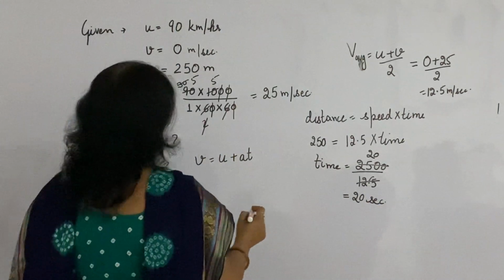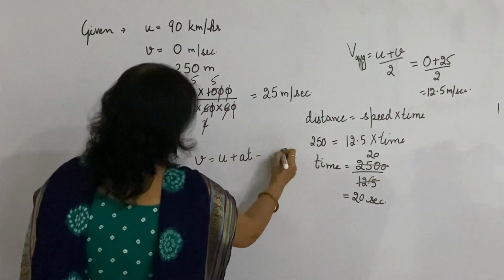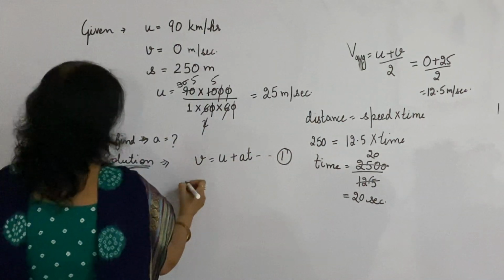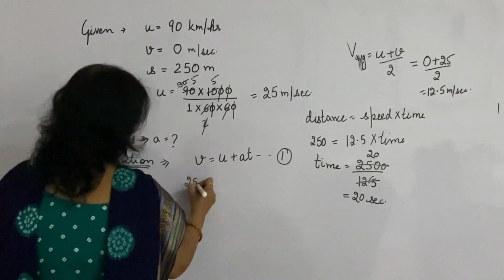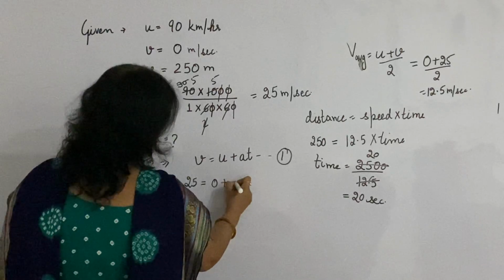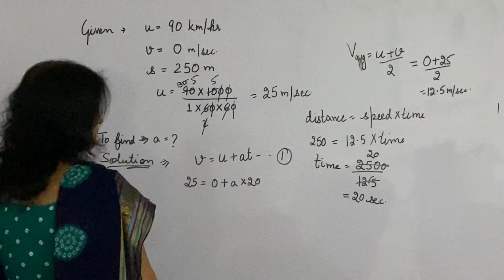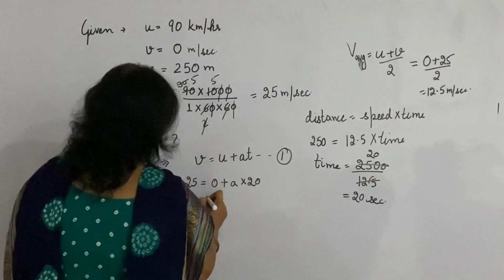Now put all these values in equation number 1, v is equal to u plus at. Sorry, v is 0, u is 25, a is the unknown and t is 20.